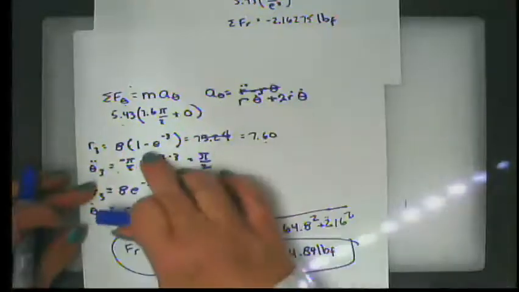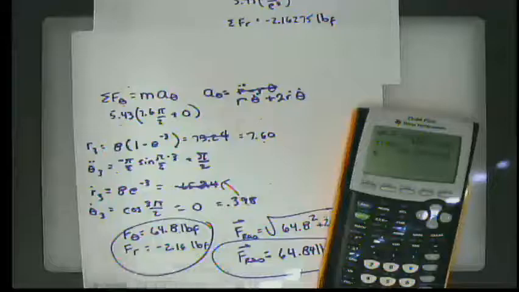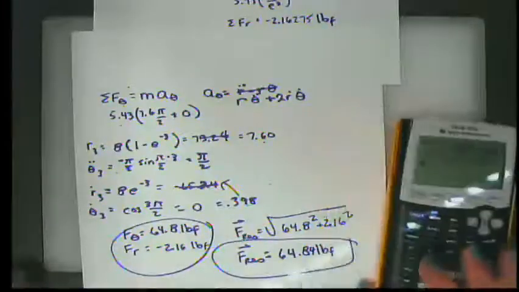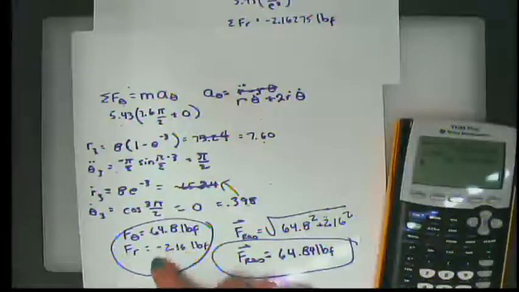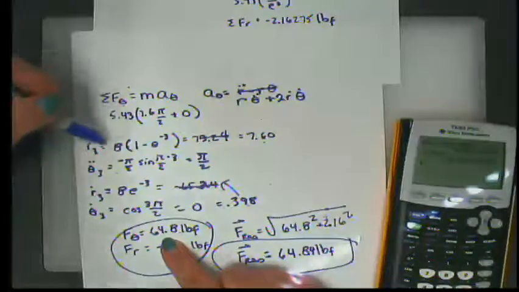I may have, let me just take a look at this, because the 64 is the same answer that your authors got. But I see exactly what you're talking about.